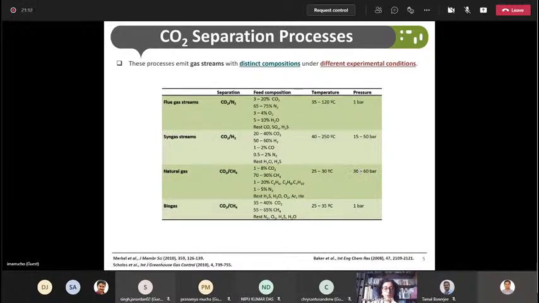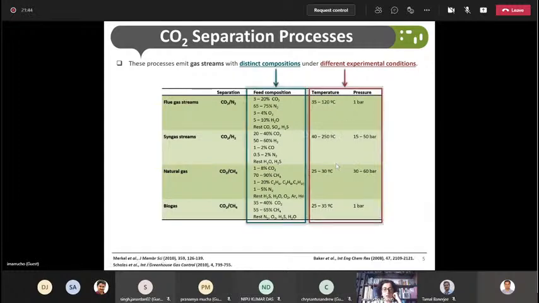I've shown you before the conditions for the biohydrogen. Now here I'm showing you the conditions for flue gas. We operate between 35 and 120 degrees for flue gas and 1 bar of pressure. Then either the recovery of hydrogen from syngas streams or natural gas are typically done at higher pressures, and production of hydrogen from syngas at higher temperatures.